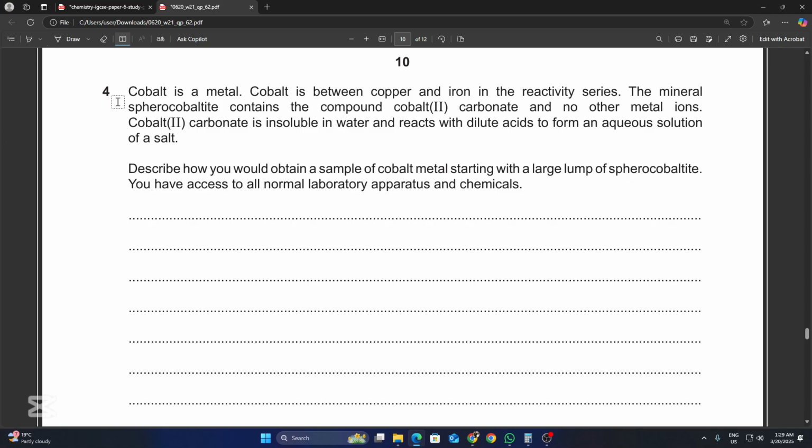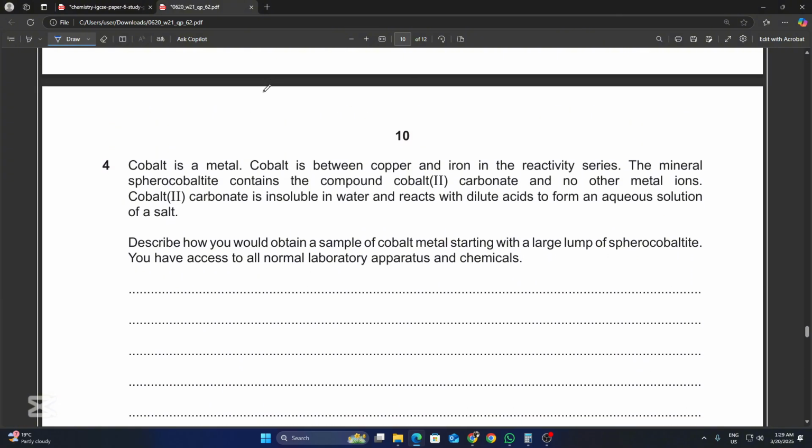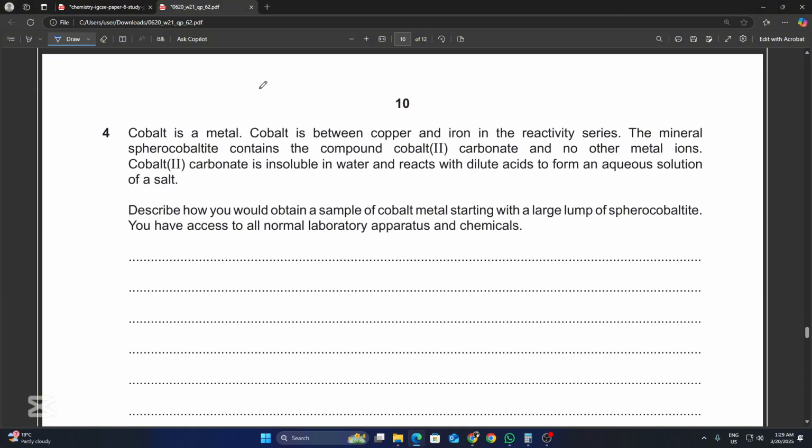Now, this is one of the things that we have to analyze. It wants us to extract cobalt from spherocobaltite, which is an ore. And what is the first thing we do with an ore? We need to crush the ore into smaller pieces. So we have a large lump of spherocobaltite.